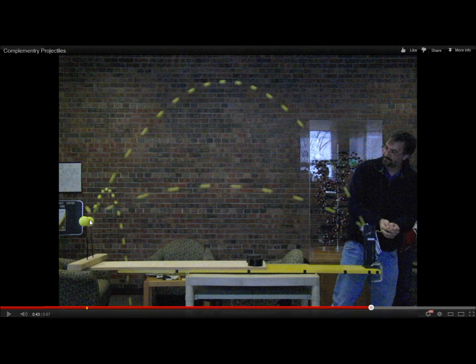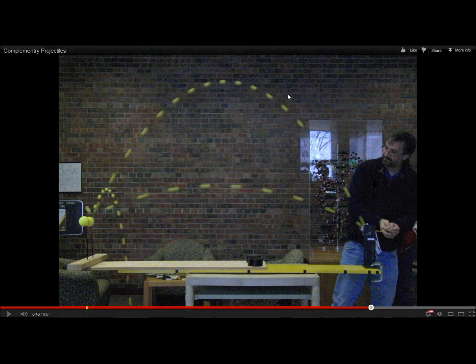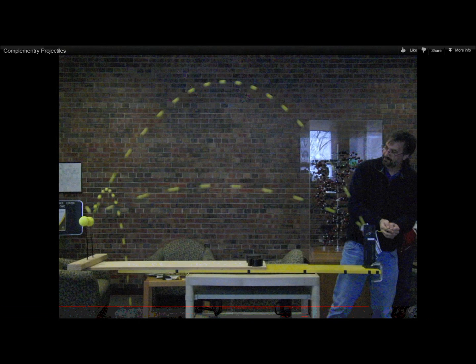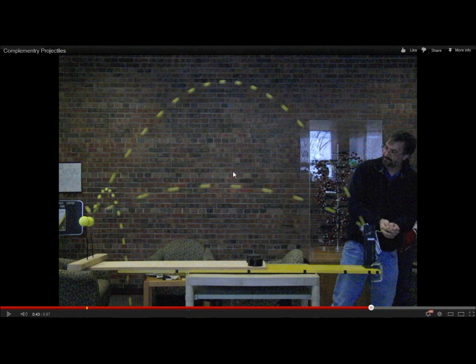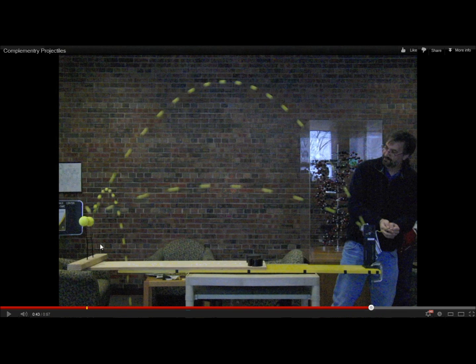This is what we're talking about: the vertical determines time. The larger the angle is, the higher it goes, which means the longer it'll take to come back down. The smaller the angle is, the shorter the height from your starting point, and the less time it'll take. But complementary angles hit at the exact same spot.